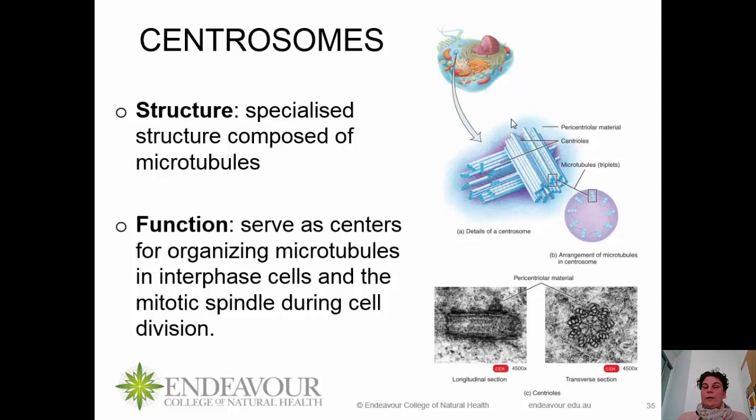Microtubules that we just talked about also have a specialized little function, and that is they form something we call centrosomes. Remember how I told you that microtubules are involved in cell division in the previous slide?